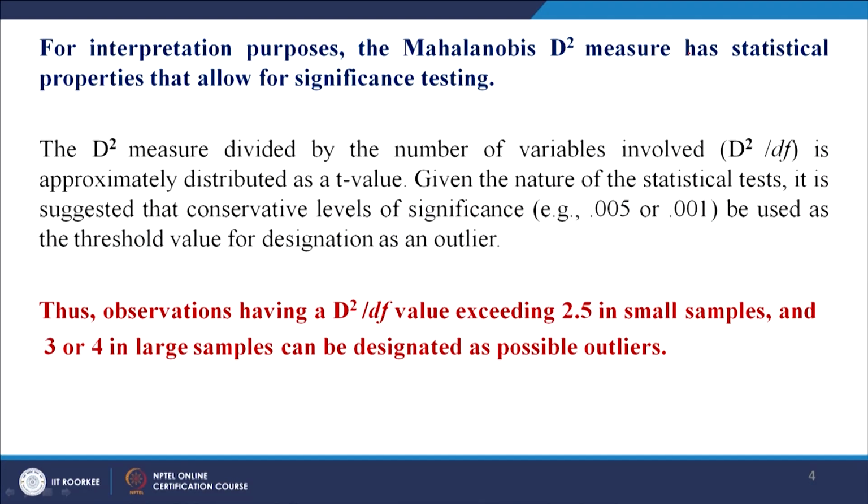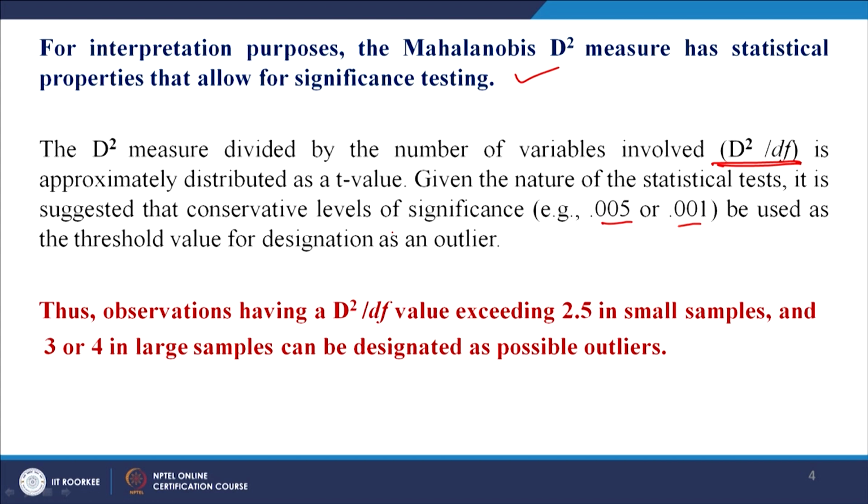So, how do you measure it? For interpretation purposes, the Mahalanobis D square measure has statistical properties that allow for significance testing. The D square distance measure divided by the number of variables, D square by df, is approximately distributed as a t value. Given the nature of the statistical test, it is suggested that conservative levels of significance, 0.005 or 0.01, be used as a threshold value for designation as an outlier.